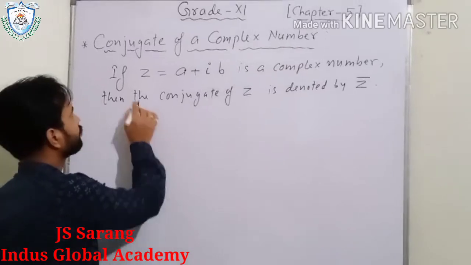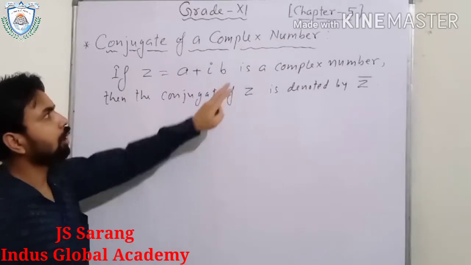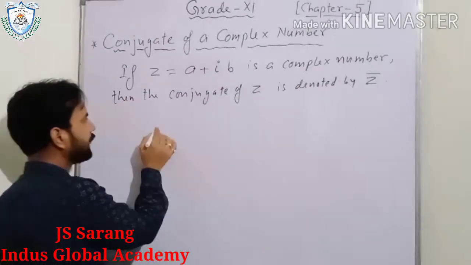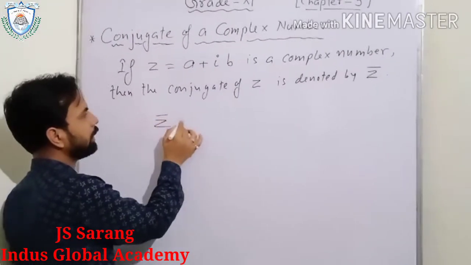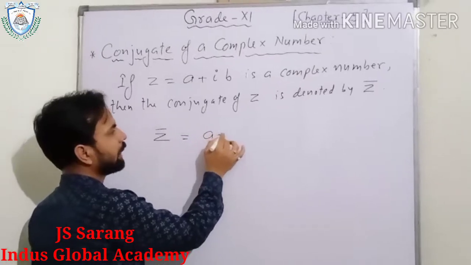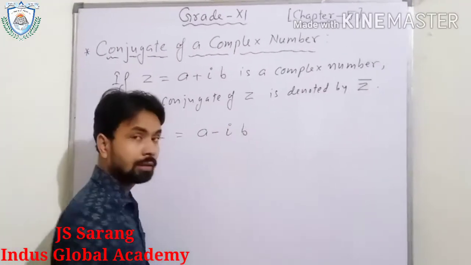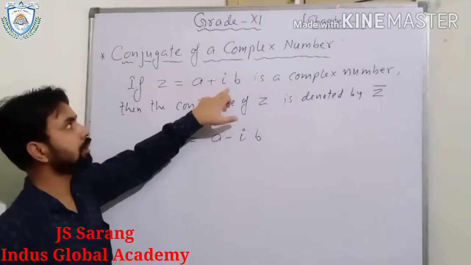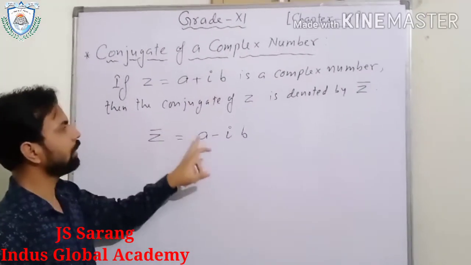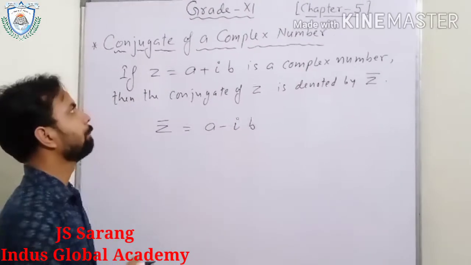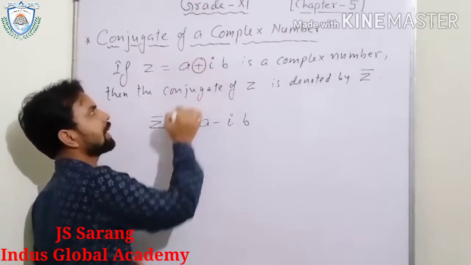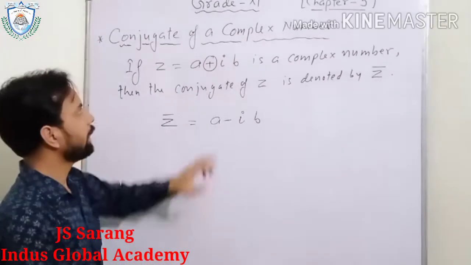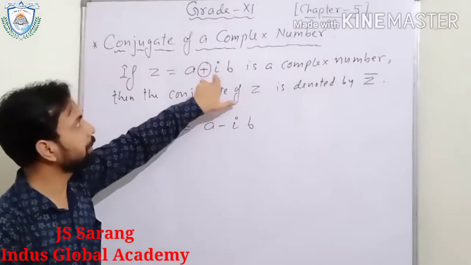So if z equal to a plus ib is a complex number, then its conjugate is denoted by z bar, and it is defined as z bar equal to a minus ib. What we will do is change the sign of this iota part. Understood? We have to change the sign of this imaginary part.